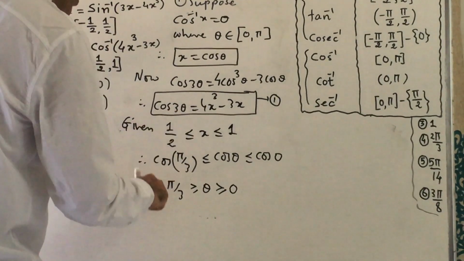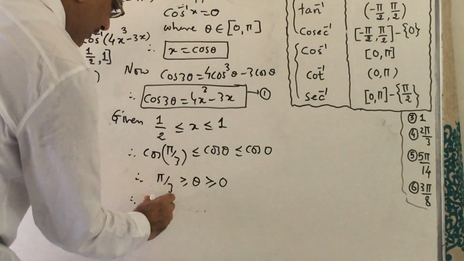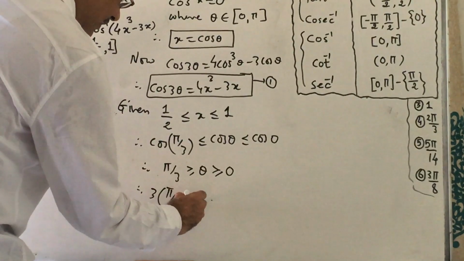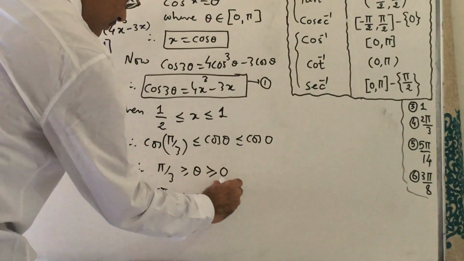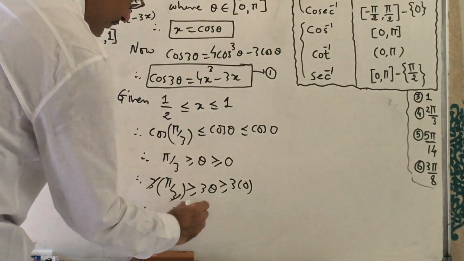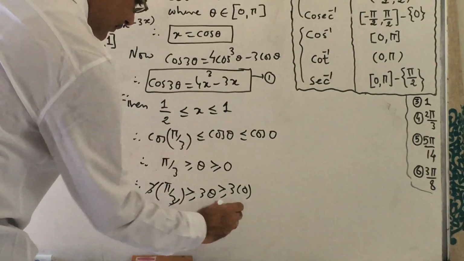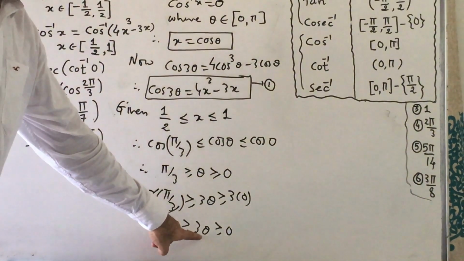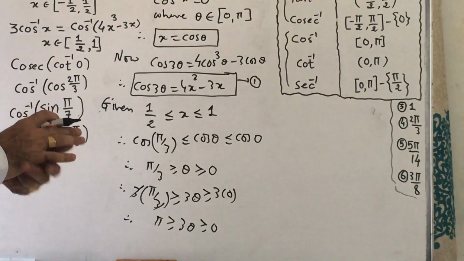But I need 3 theta, so I have to multiply by 3. So 3 into pi by 3 greater than or equal to 3 theta greater than or equal to 3 into 0. Therefore pi greater than or equal to 3 theta greater than or equal to 0. Thus 3 theta belongs to the range of cos inverse, 0 to pi.